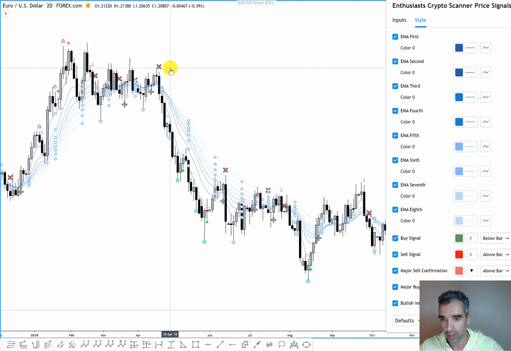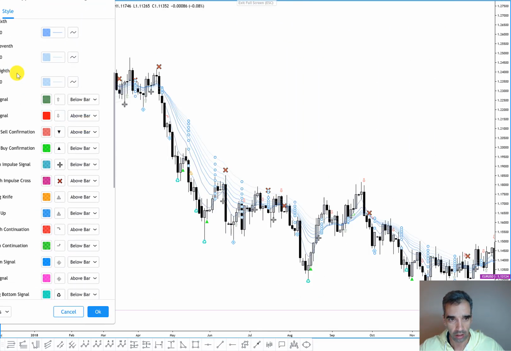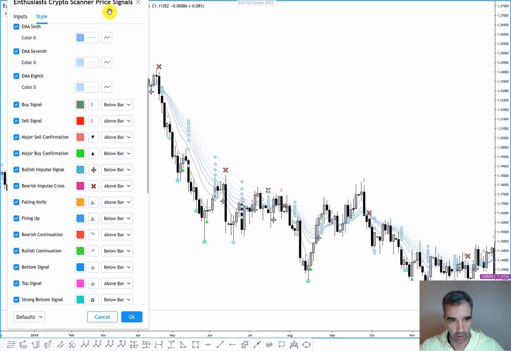I will go through it quickly, explaining what it is. Let's start with these arrows, green and red. So these green and red arrows that you see here are just simple buy and simple sell signals, simple for a good scalp.